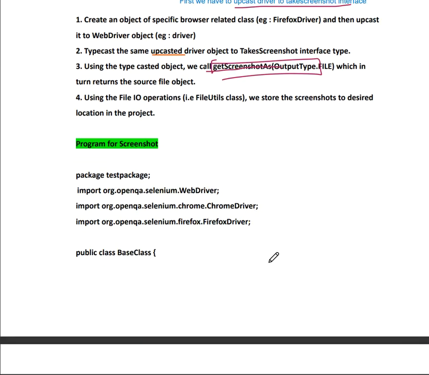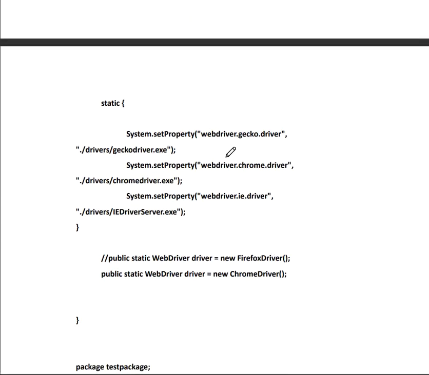So how can you capture the screenshot? अभी हम देखेंगे. हमको अभी पहले सिस्टम सेट प्रॉपर्टी का पार्ट देना है. फायरफॉक्स यूज कर रहे हैं इसलिए हम गीको ड्राइवर यूज करेंगे.